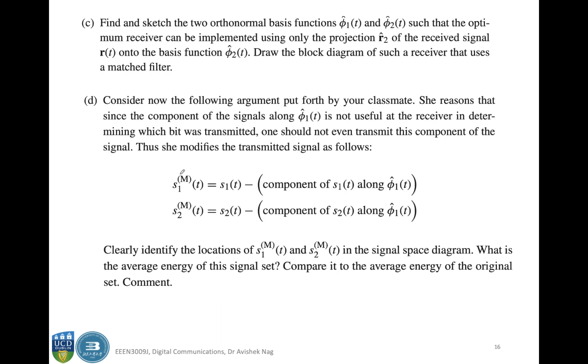Let's see the part C of this problem. Find and sketch the two orthonormal basis functions phi 1 hat and phi 2 hat such that the optimum receiver can be implemented using only the projection R2 hat of the received signal r(t) onto the basis function phi 2 hat(t). So basically this is looking for that transformation by rotating through an angle theta, and that gives you only one matched filter receiver.